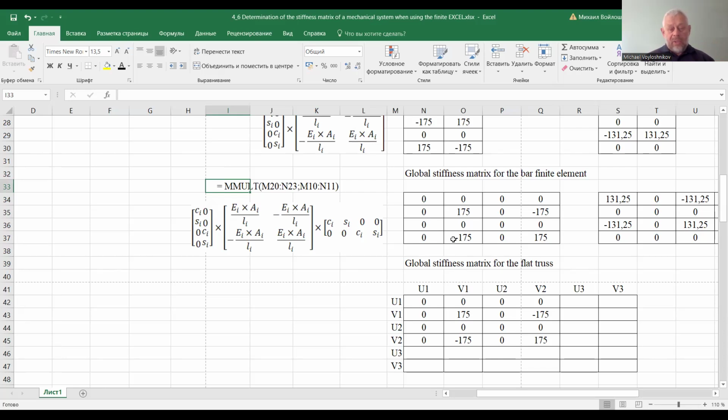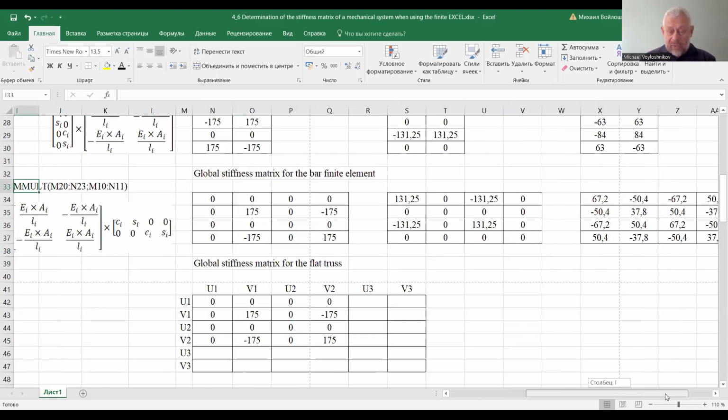This is one of the options: select the first range, copy it, select the place to insert, and next with the right button of the mouse use the command to insert only the magnitudes from the first range to the indicated range.